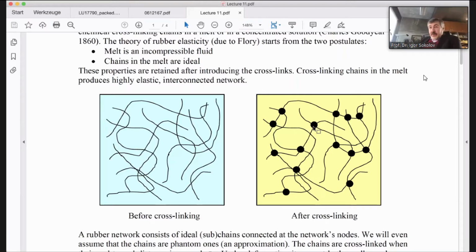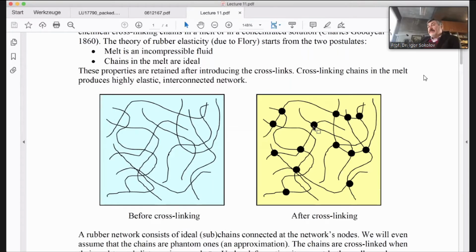This melt is a fluid, and fluids are hardly compressible. So if you take a fluid and try to compress it, you push from one side, it starts to push in all other sides. So what you assume is that you fully neglect the compressibility, and you say that the total volume of your system is practically constant.